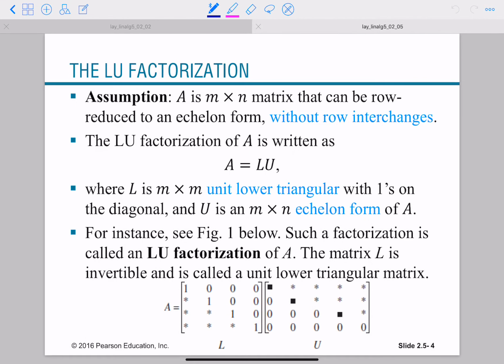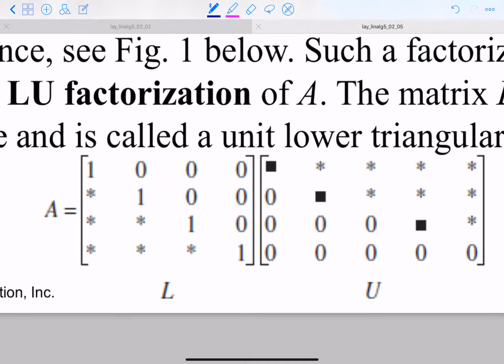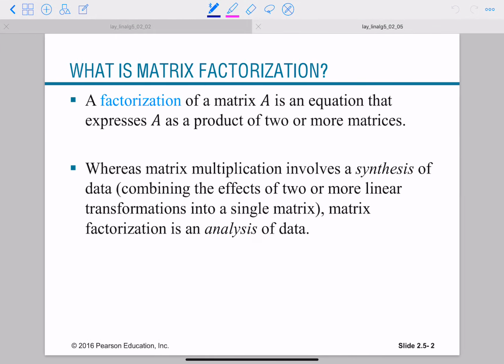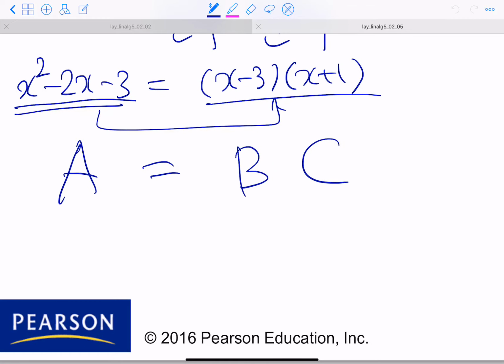We now consider some general rectangular matrix A, and we factorize A into two particular matrices, L and U. Back to the case A equals BC, we typically consider a particular condition or restriction imposed on these matrices B and C.